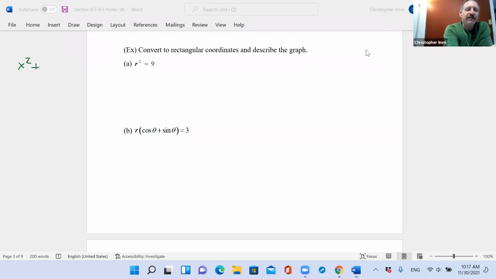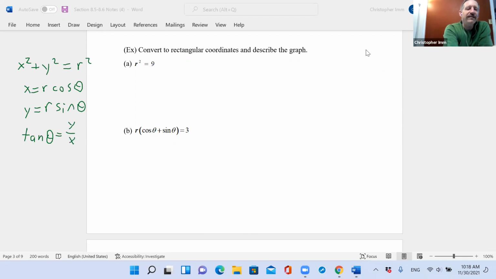We know that x squared plus y squared is equal to r squared. We know that x is equal to r cosine theta. We know that y is equal to r sine theta. And we also know that, probably not as important, tangent of theta is equal to y over x.